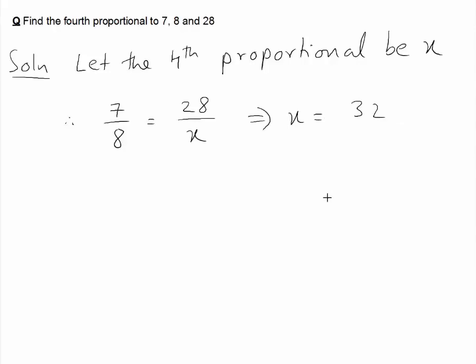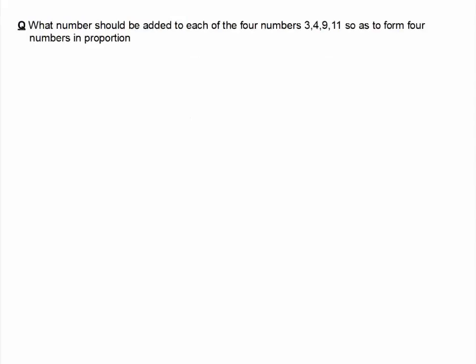Let's do one more question. So the question is, what number should be added to each of the four numbers 3, 4, 9, 11 so as to form four numbers in proportion? Even before starting, we can see that 3, 4, 9 and 11 are not in proportion, because 3 by 4 is not equal to 9 by 11.